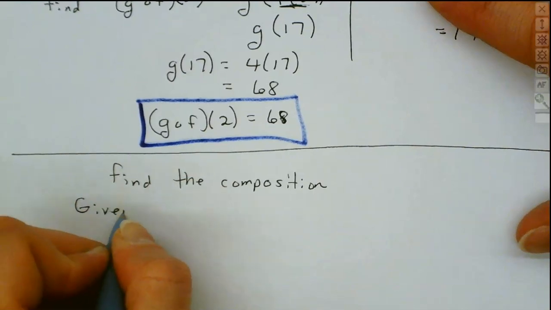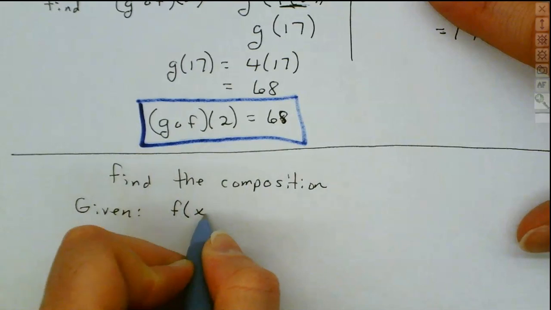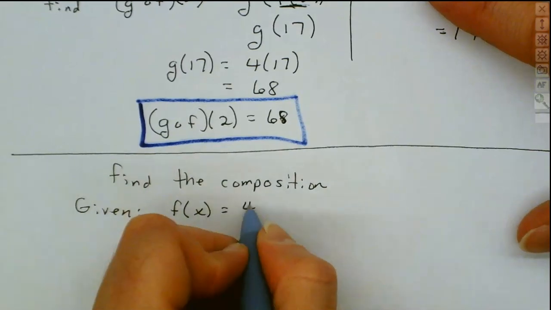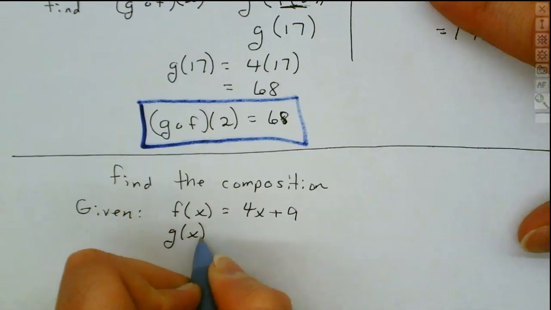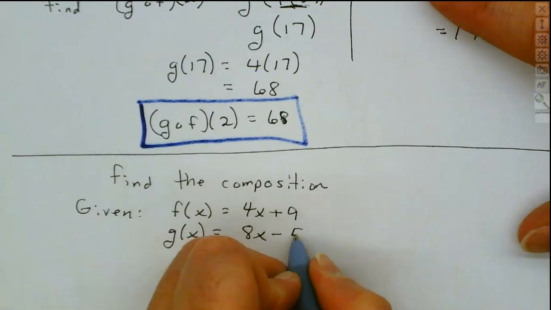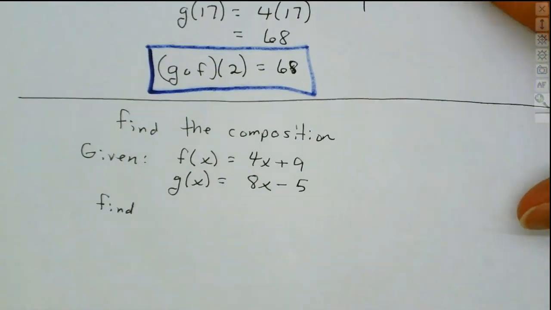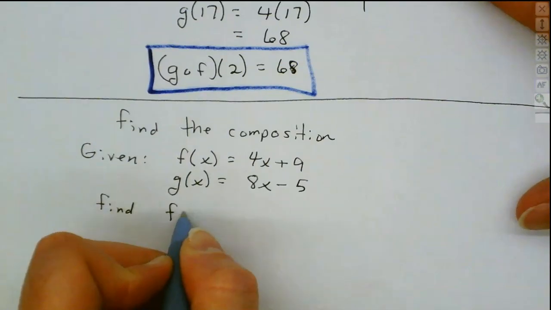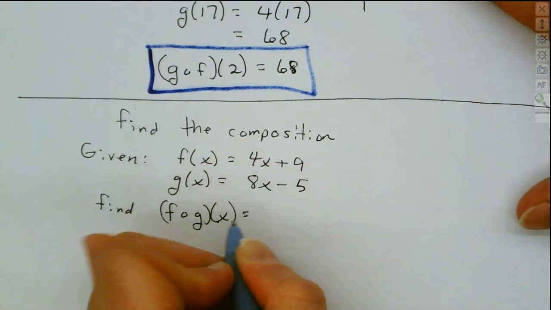So we're going to find the composition. So let's say you're given f of x to be 4x plus 9, g of x to be 8x minus 5.